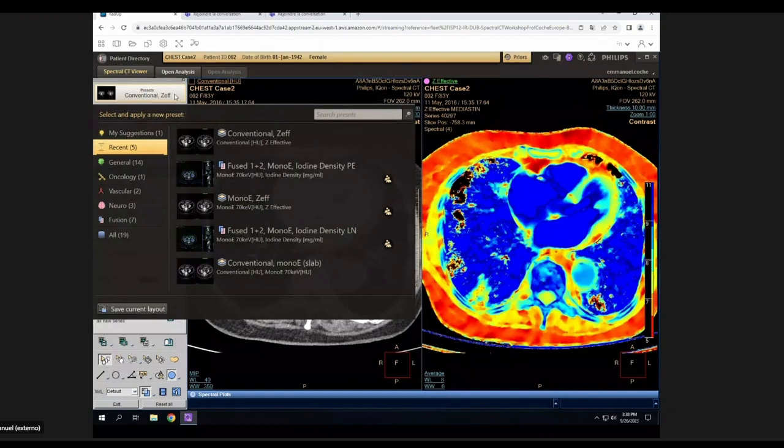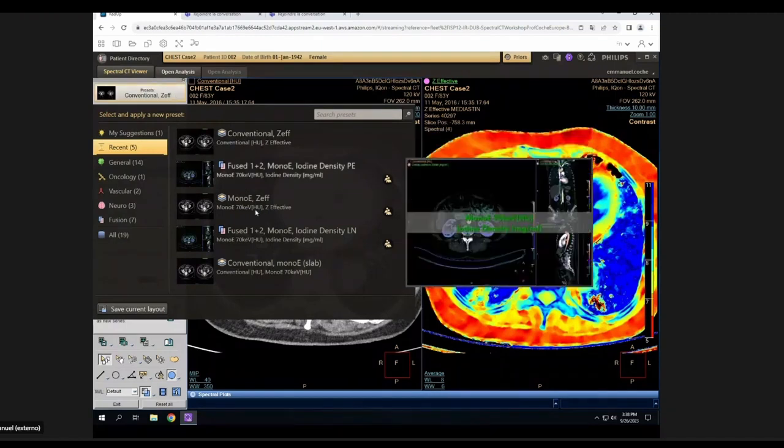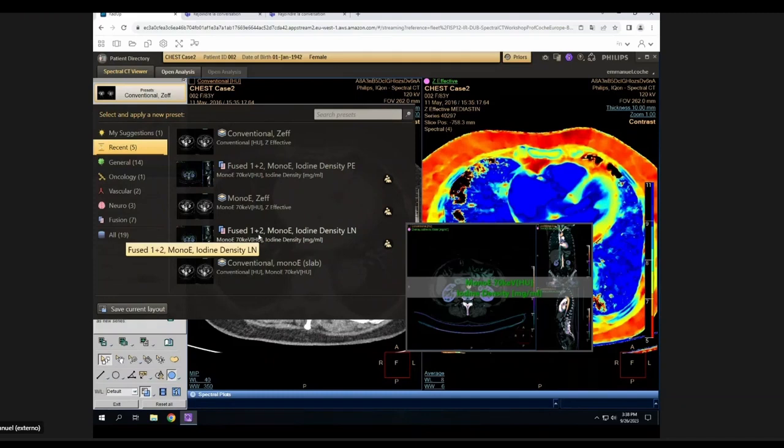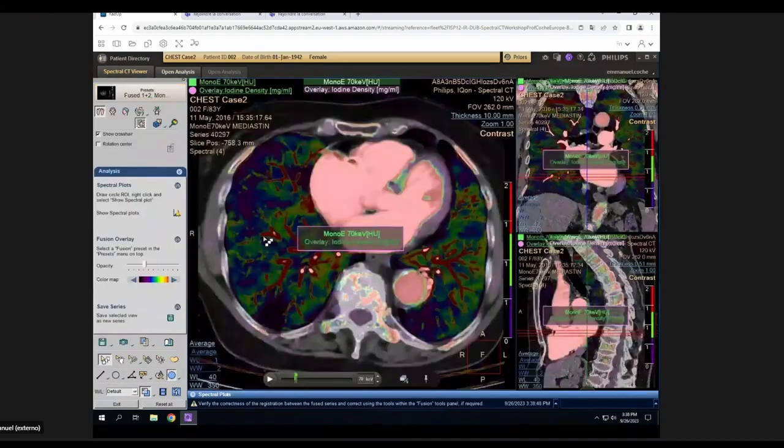If you go to recent, you go to fused 1+2 mono E, you click on it with your left-hand side button, and you have the display I showed you before.